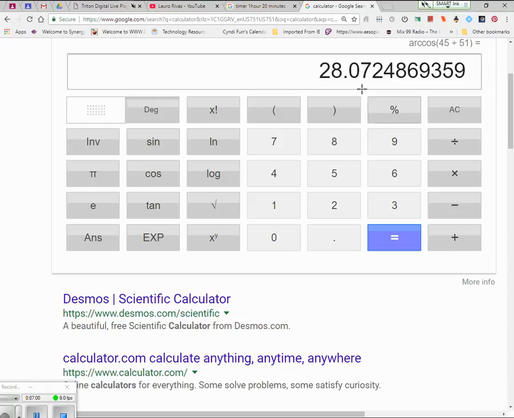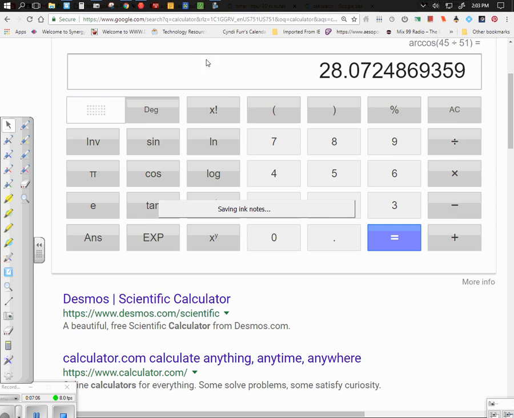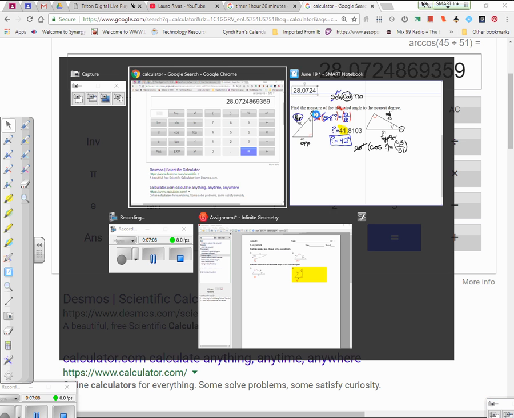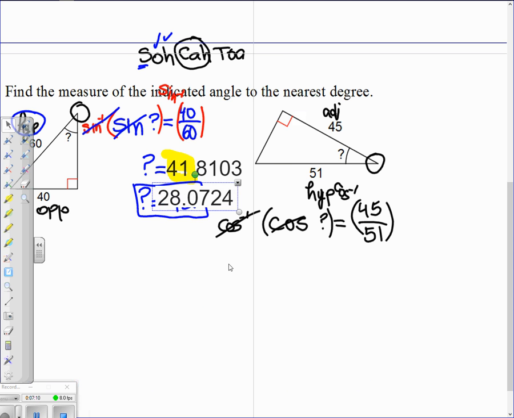I'm going to take that answer, and remember it tells me to round to the nearest degree. So the question mark is equal to that. Now I need to round to the nearest degree.